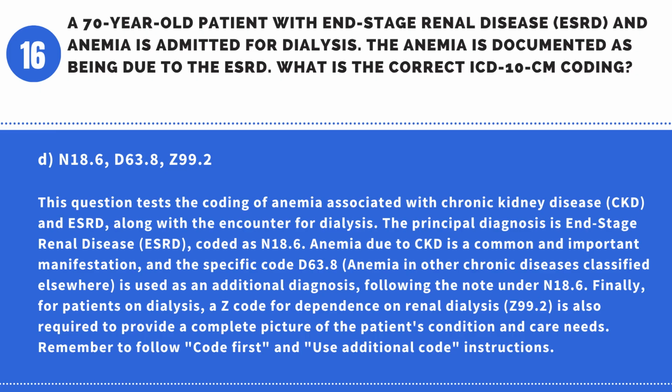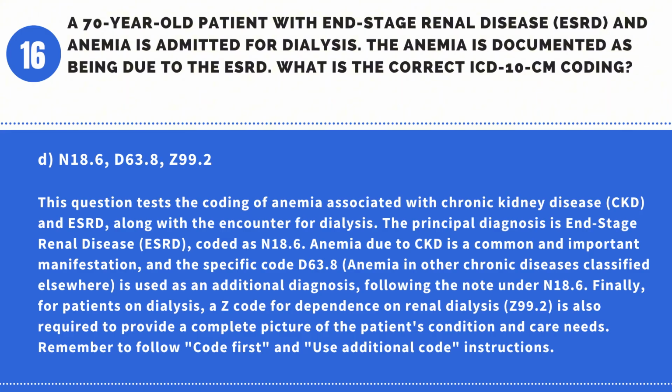This question tests the coding of anemia associated with chronic kidney disease, CKD, and ESRD, along with the encounter for dialysis. The principal diagnosis is end-stage renal disease, ESRD, coded as N18.6.